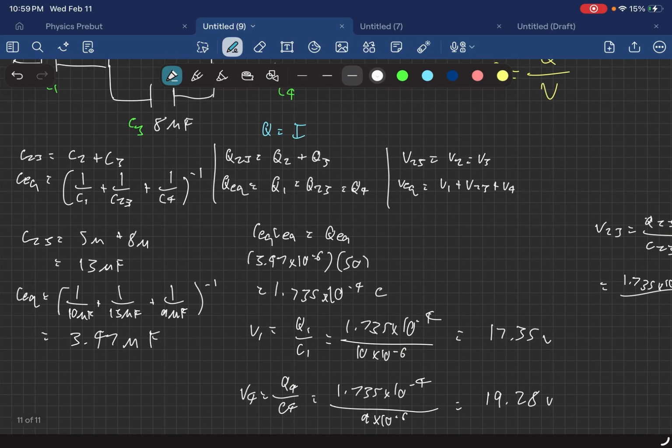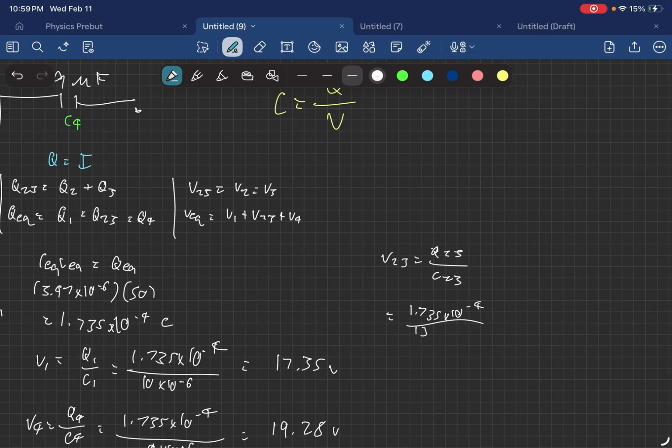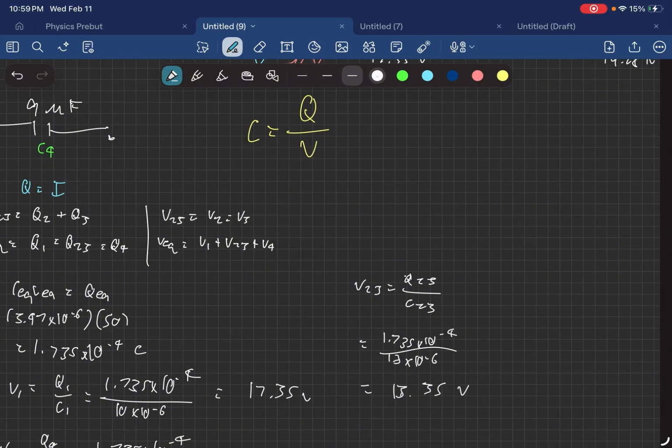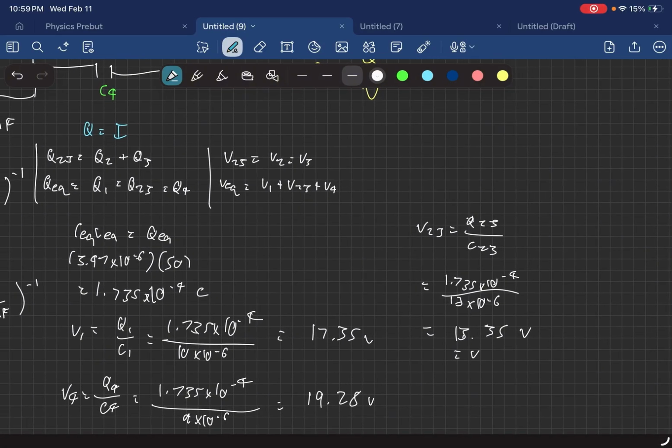Our C2,3, we solved for that, 13 micro, and this is equal to 13.346. Well, I'll just do 13.35. And this is equal to your V2, V3.